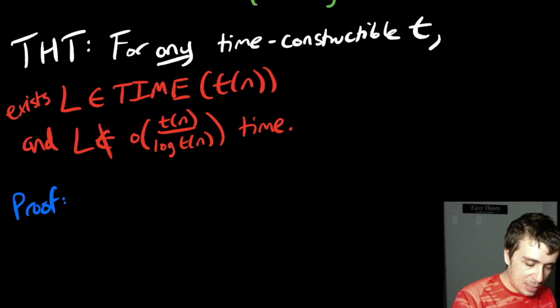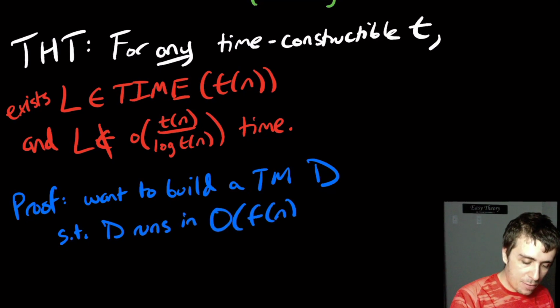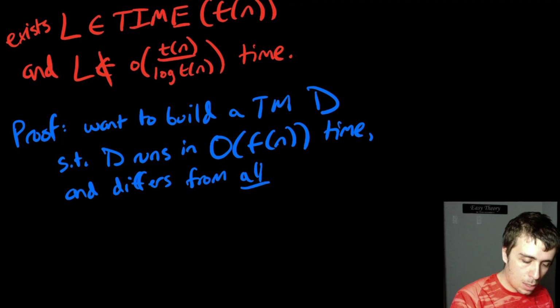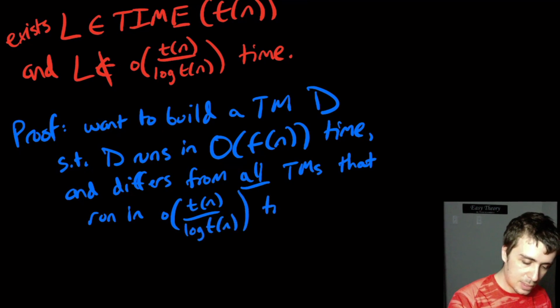So we want to build a Turing machine, let's call it D, such that D runs in big O of t of n time, and differs from all TMs that run in little o of t of n divided by log t of n time.